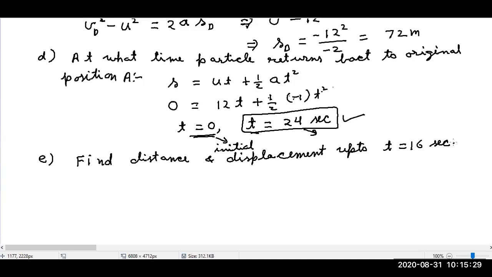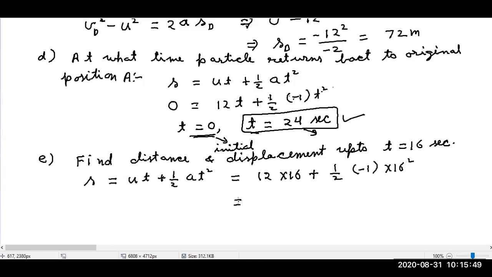Okay, so the formula we have: S is ut plus half at square. So u is 12, t is 16, plus half, minus 1, and t is 16. So if we solve it, how much are we going to get? 160, okay, let it be like this only.